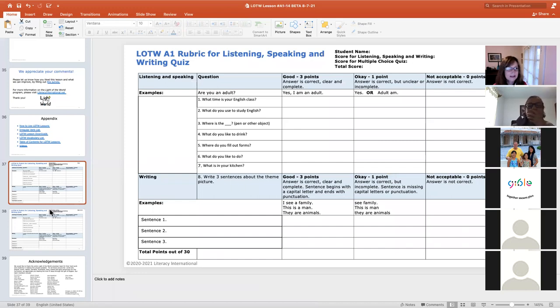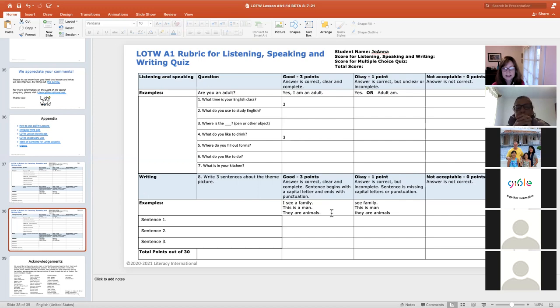So notice on this, we have scoring again. For this part, because it's writing, the students are going to write 3 sentences. And as we grade it, it has to be correct, clear, and complete. It has to begin with a capital letter and end with the correct punctuation. So if they write, I see a family, this is a man, they are animals, those are good.